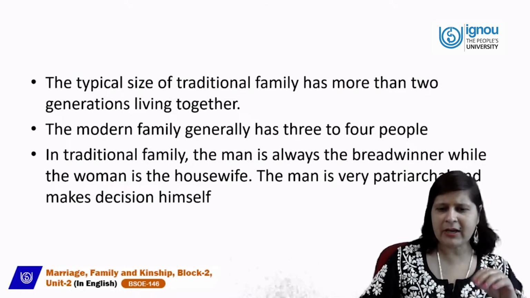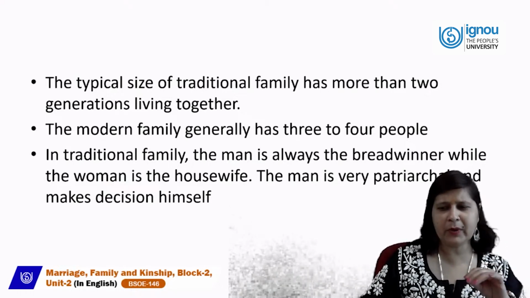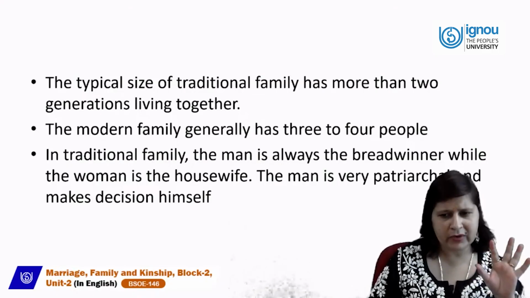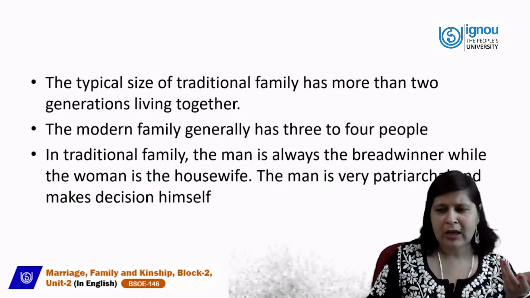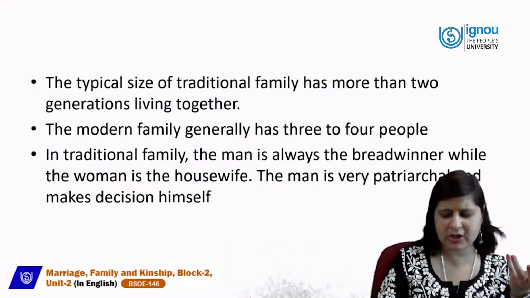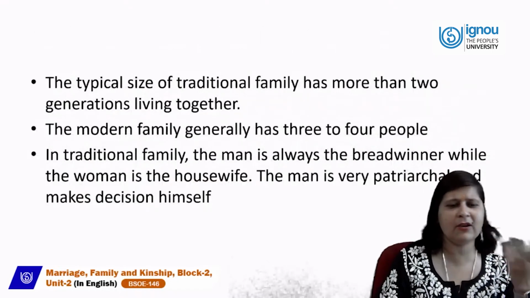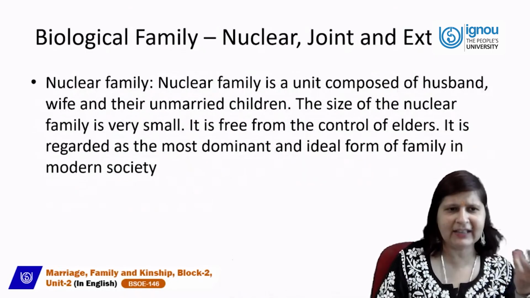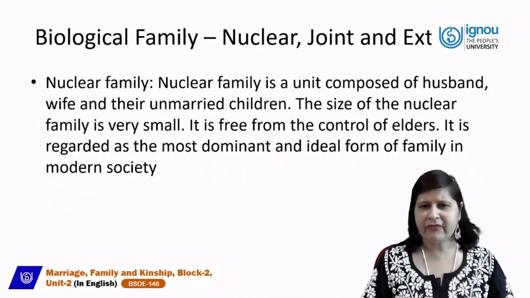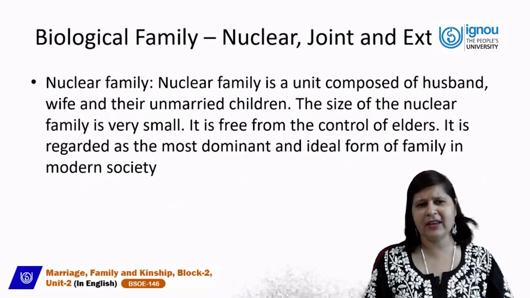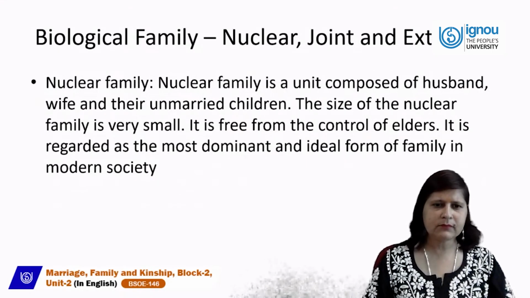In a traditional family, the man is always the breadwinner while the woman is a housewife. The man is very patriarchal and makes the decisions himself. While in a joint family or nuclear family, it is not like that. Biological family: nuclear, joint, or extended family.